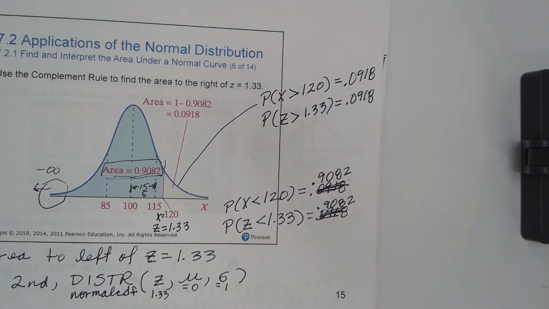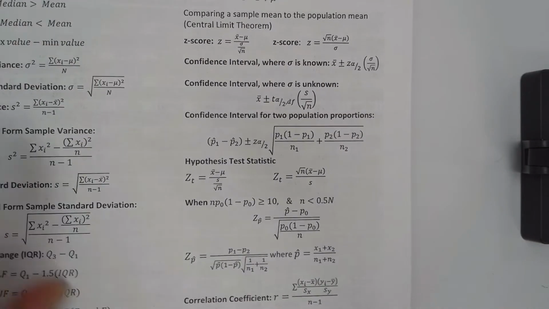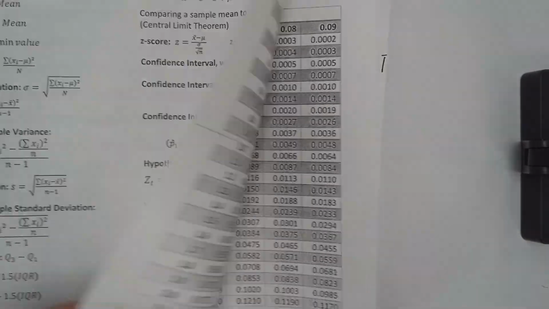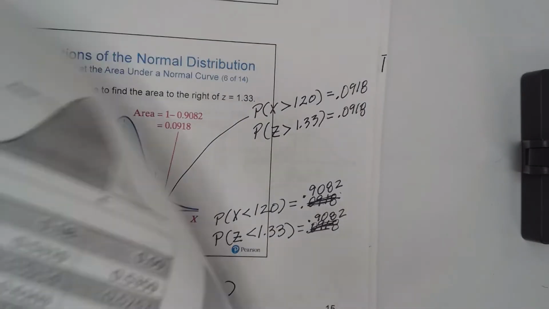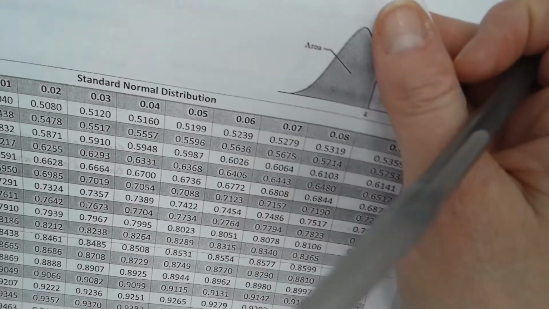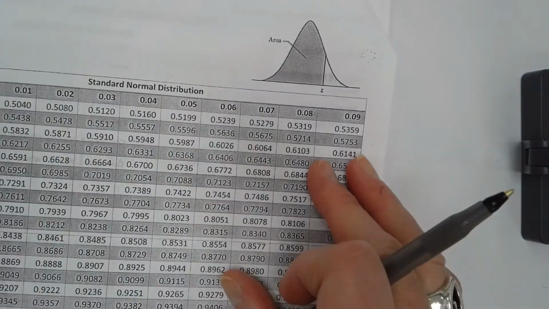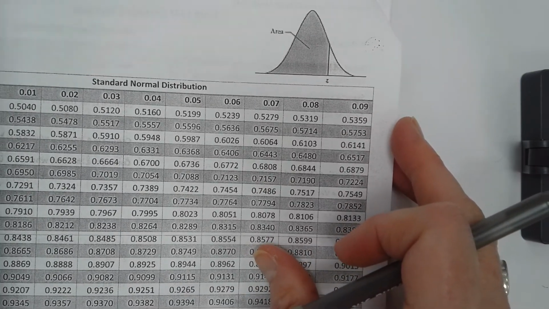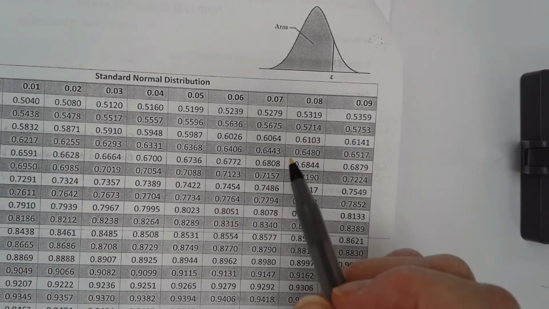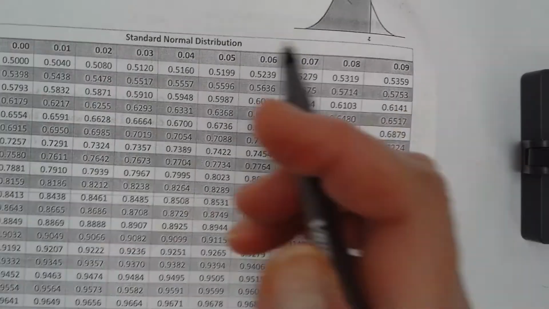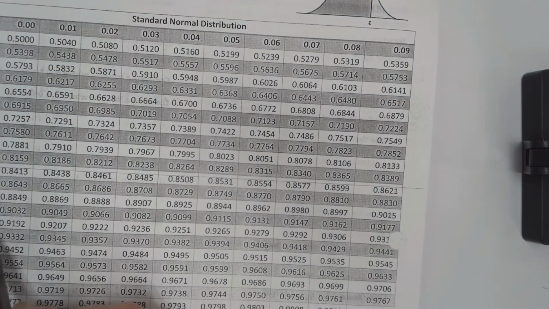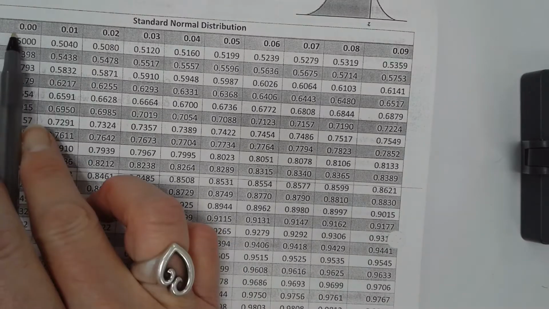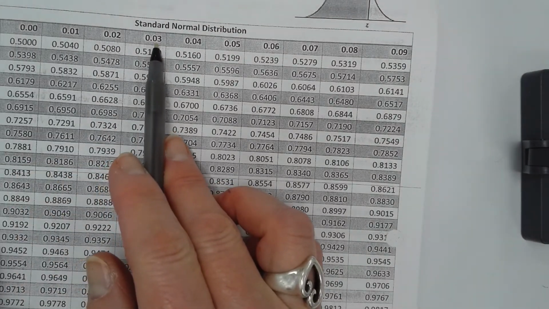You can also use your table, so go ahead and get your formulas out, and the second and third pages are z tables. When you use these z tables, if I look up z equals 1.33, you go down along the left side of the z table to find 1.3 for the ones digit and the tenths digit, and then you go across the top to find the hundredths digit, 0.03.